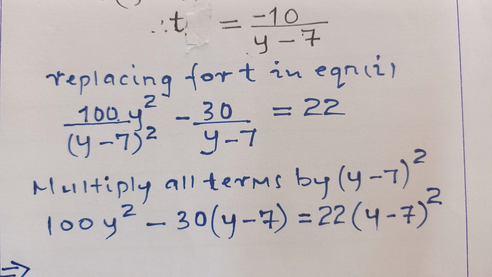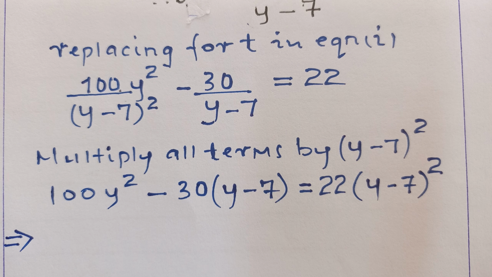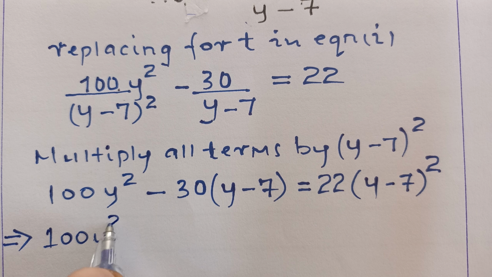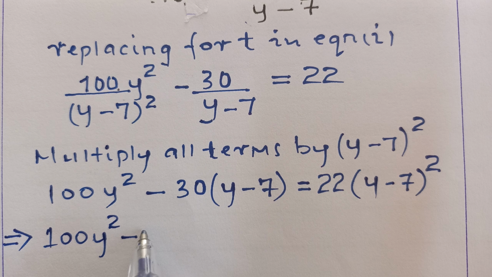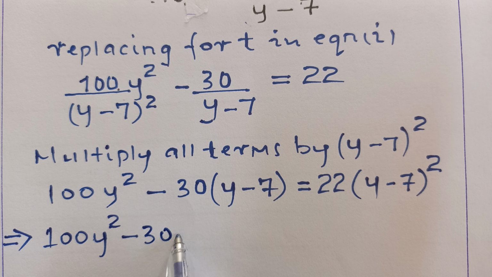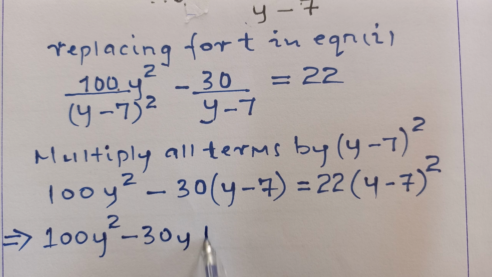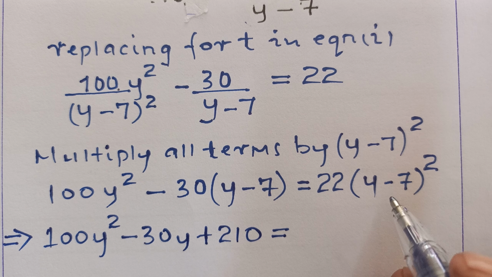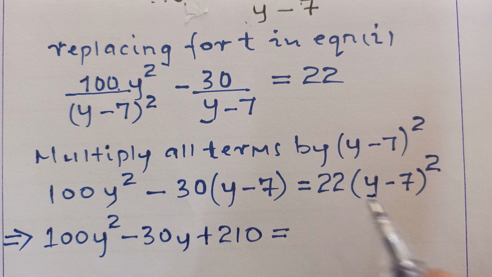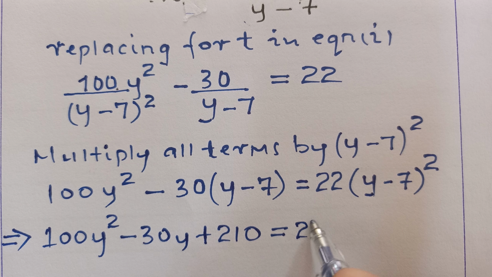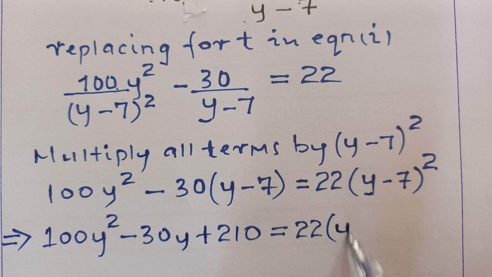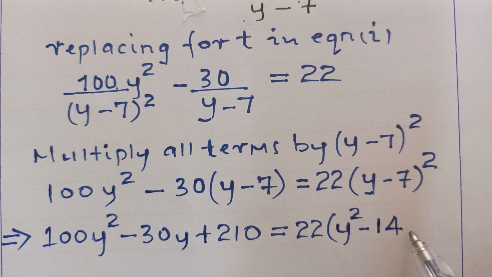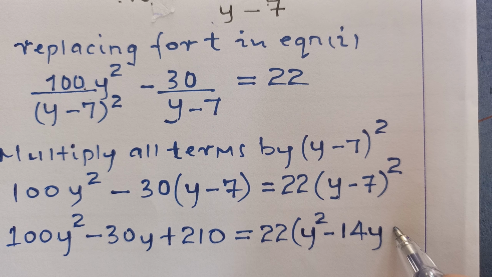And therefore from there, guys, we shall have 100 y squared minus 30y plus 210 equals, for this one, if we expand it, we shall have 22 y squared minus 14y plus 49.